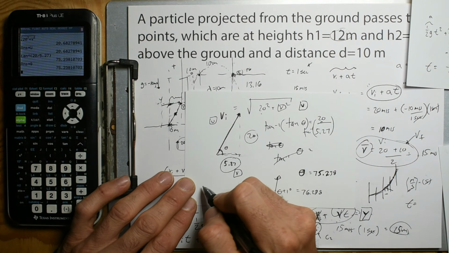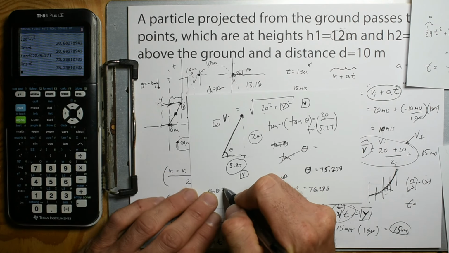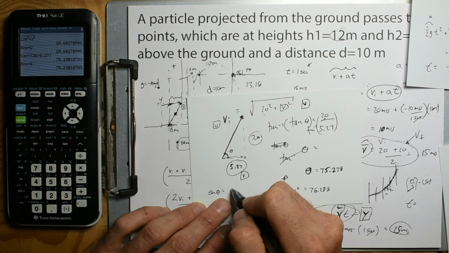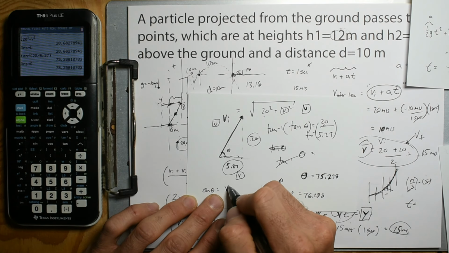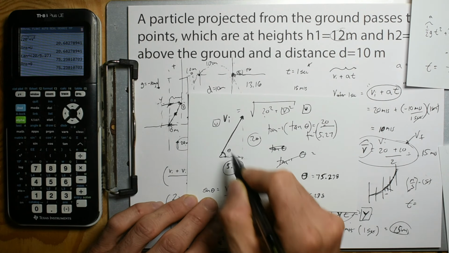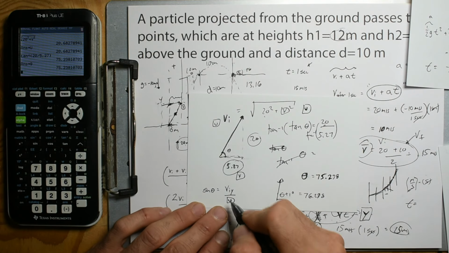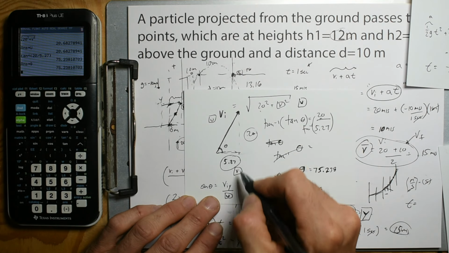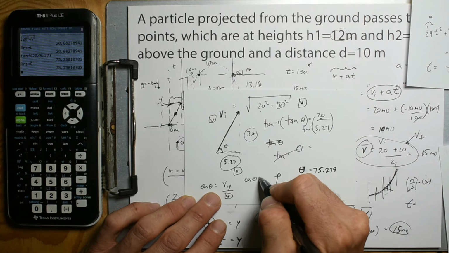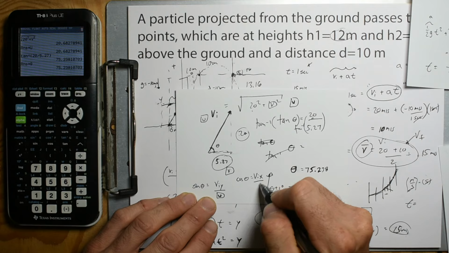Sine of this angle is equal to the opposite, which is what I'm trying to find, the velocity initial in the y direction divided by u, my overall initial velocity, the total vector. And cosine of theta is the velocity initial in the x direction divided by u.